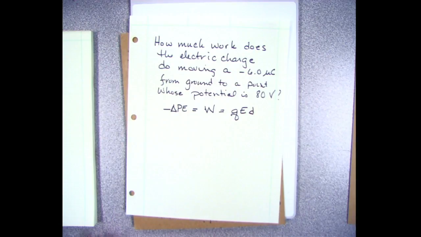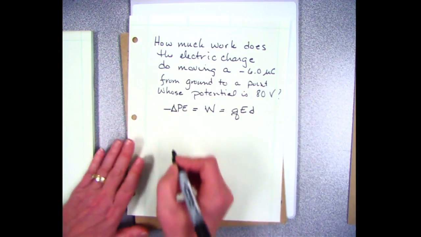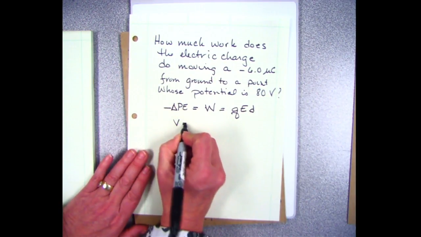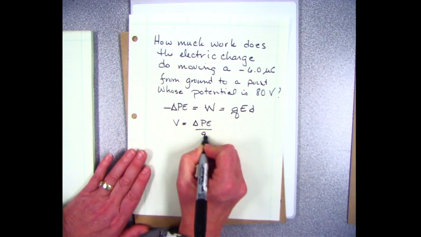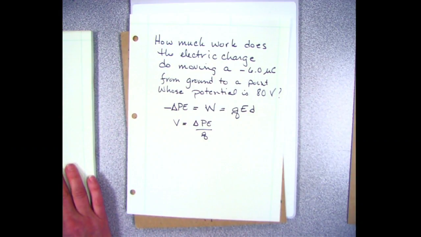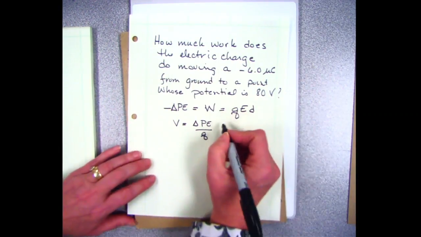And my electric potential we've defined as the change in my potential energy divided by the charge, and that is also going to equal the work divided by my charge.